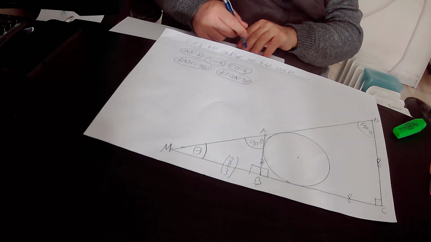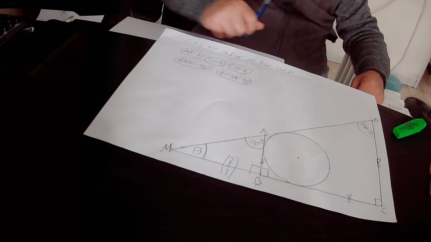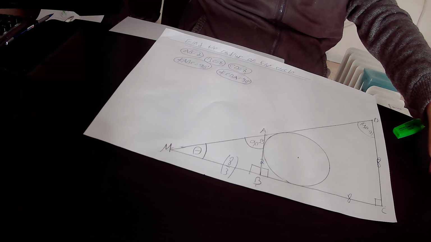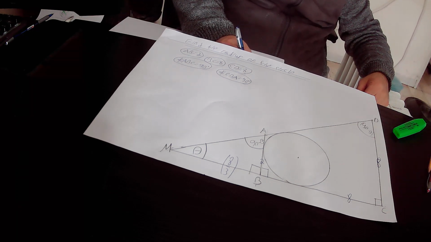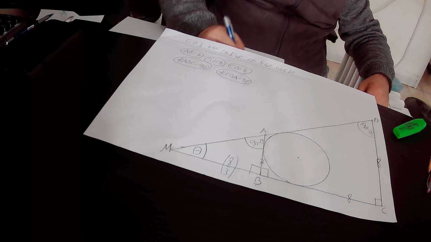The hypotenuse in the right triangle MBA is AM, so the square of the hypotenuse is AM squared, and it equals AB squared plus BM squared.